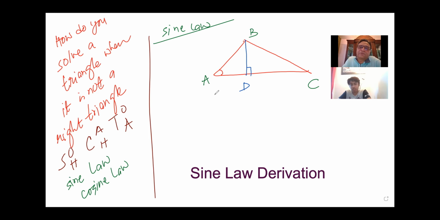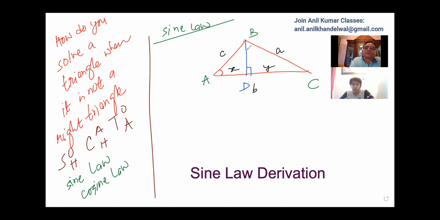Let's say this angle is A. In general, we write sides as a, b, c. So opposite to C is c, and this long side is b. B is the whole length, correct? Now let us say this b is divided into two small components, x and y, because we have dropped a perpendicular, and let us say the height is h.